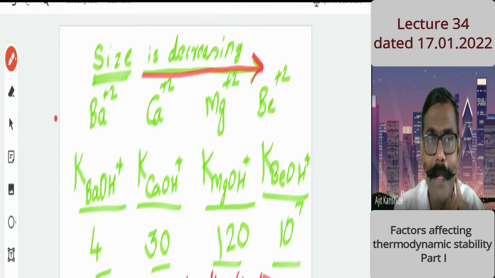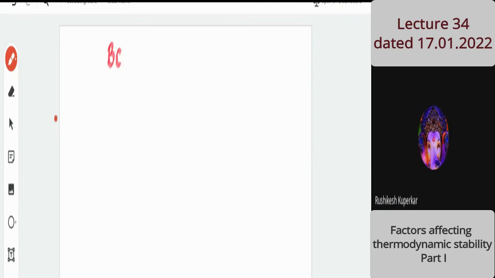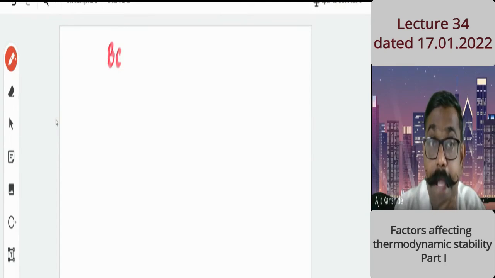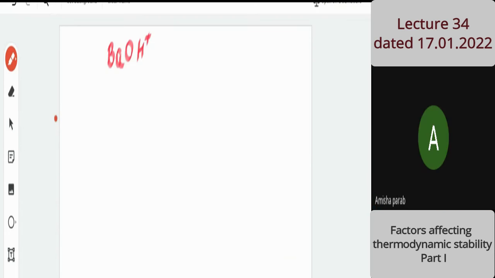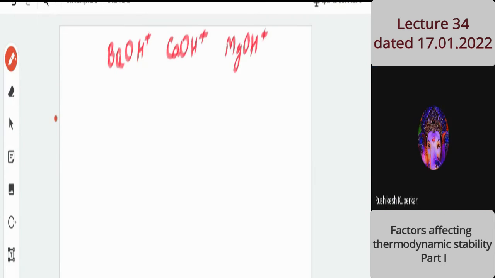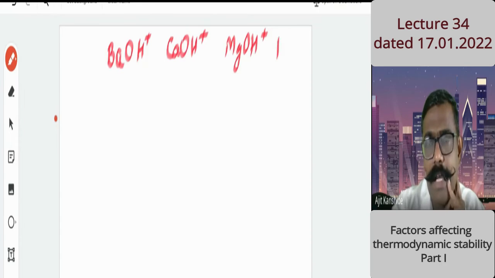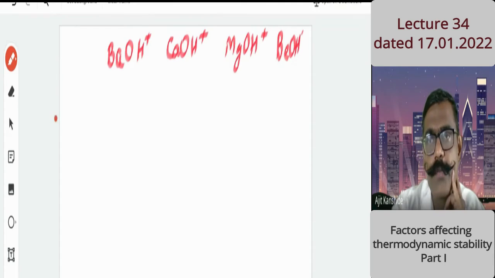Let us revise that. Three complexes I told you. What was the first complex? Which metal was there? BaOH plus, barium. Second complex was calcium, CaOH plus. Third one, MgOH plus. Right. Fourth one, the last one, beryllium, BeOH plus.